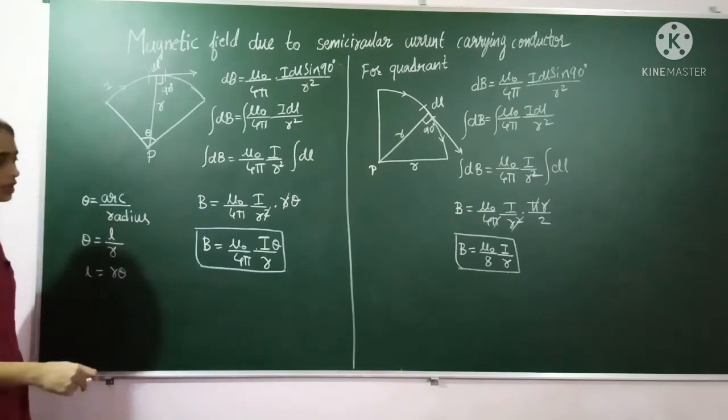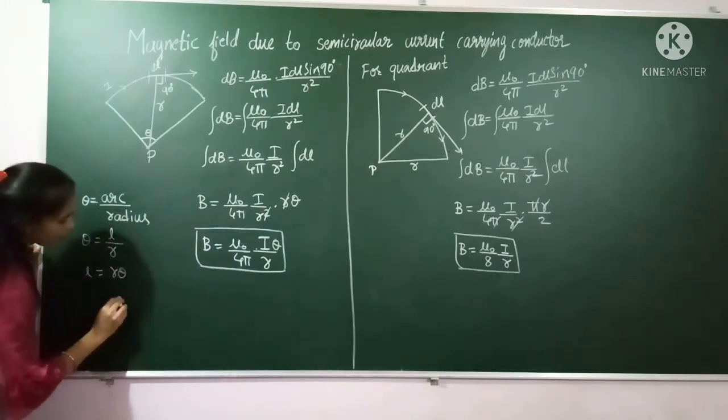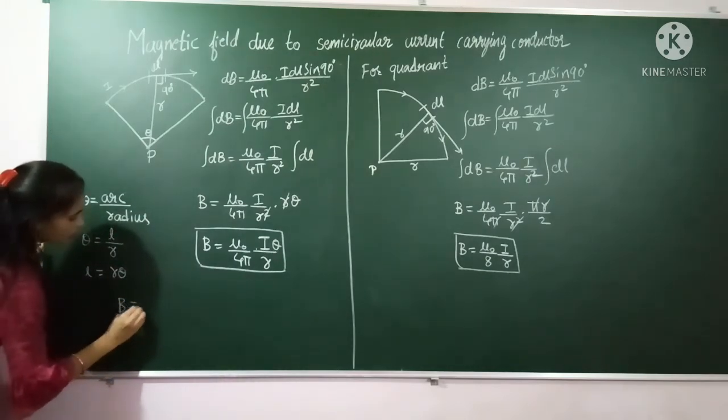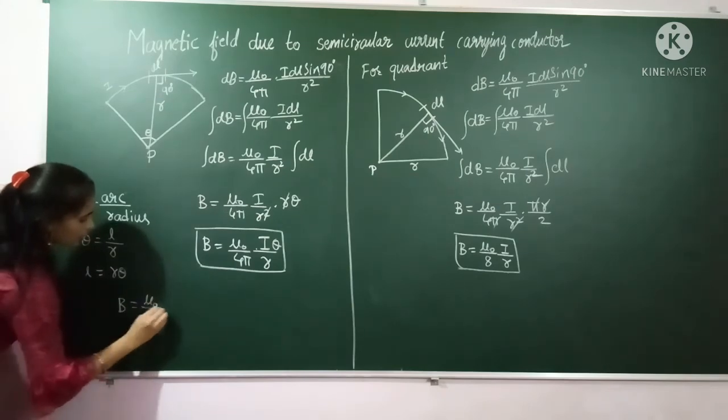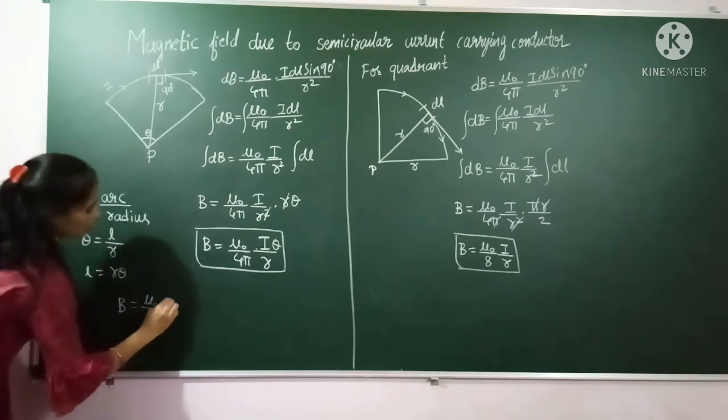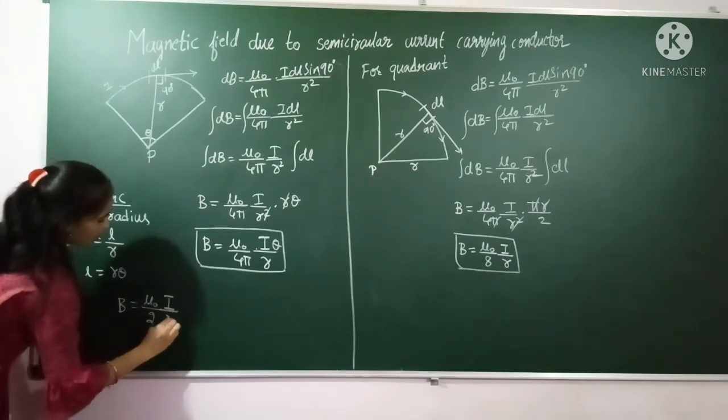So this is the general equation for the magnetic field for an arc. What we have studied: for a complete circle, the magnetic field is B is equal to mu naught divided by 2, I divided by r.